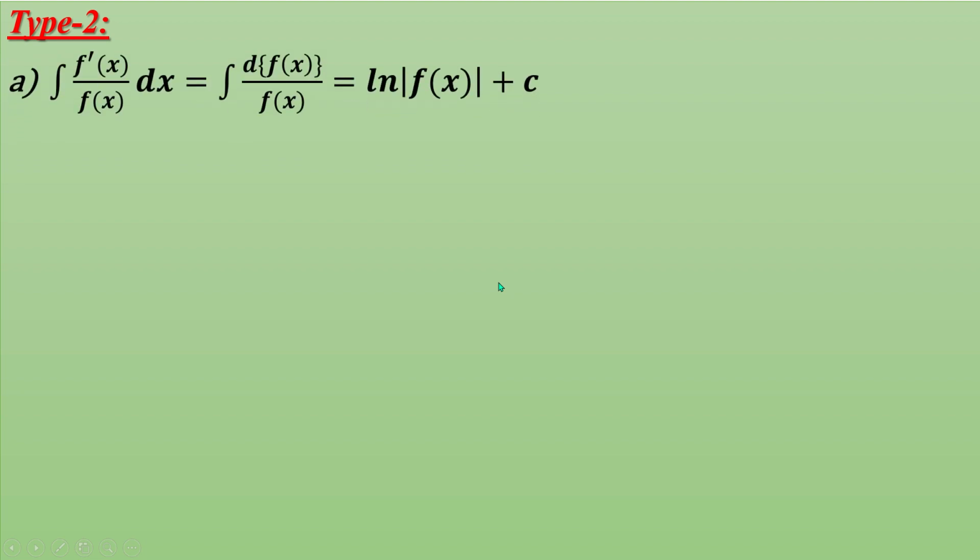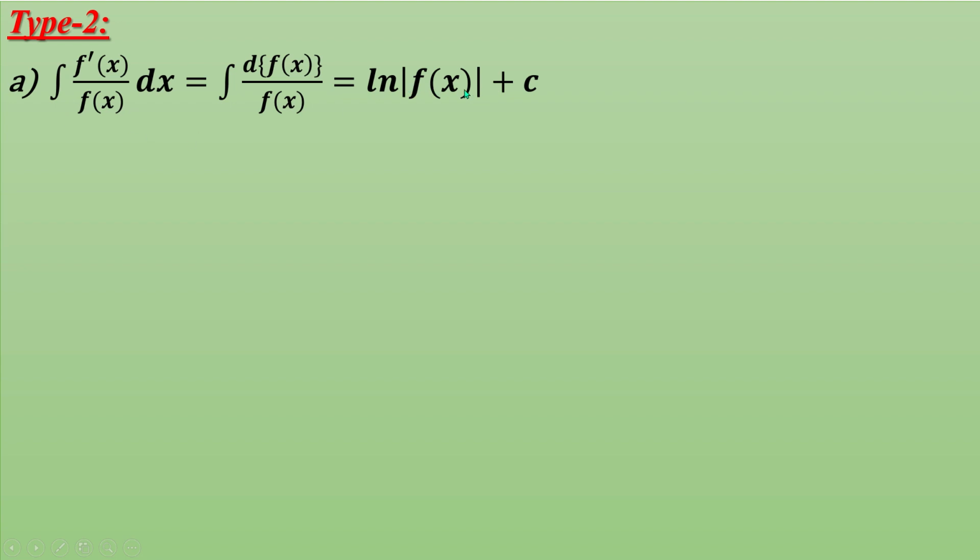Type 2. If the given problem is of the form integration of f prime x divided by f of x dx, that means when the derivative of the denominator gives the numerator, then we can write ln of the denominator.